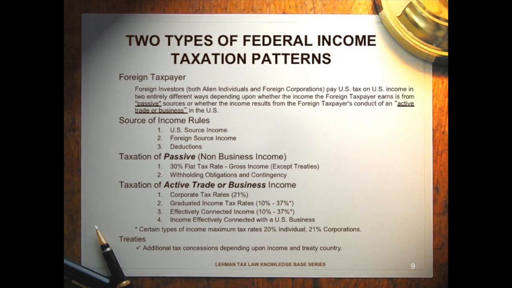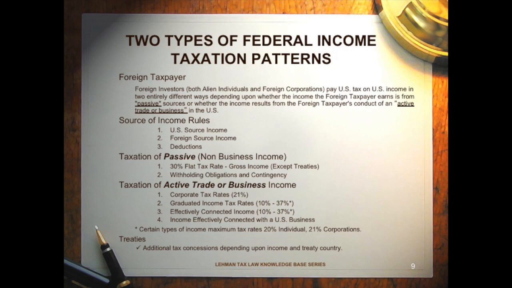Now, as opposed to passive business income, we're going to talk about active trade or business income. People who come here and actually get in the business here in the United States, not just making passive income such as interest or dividends.